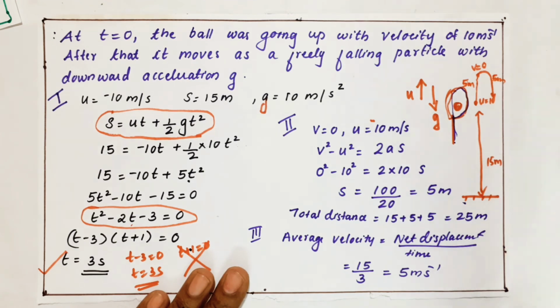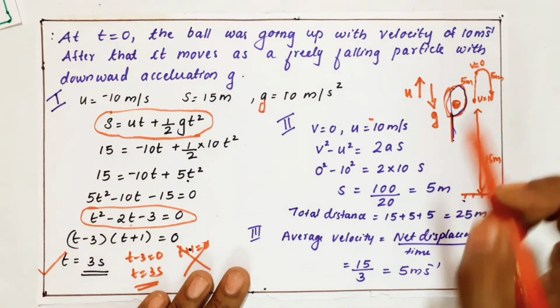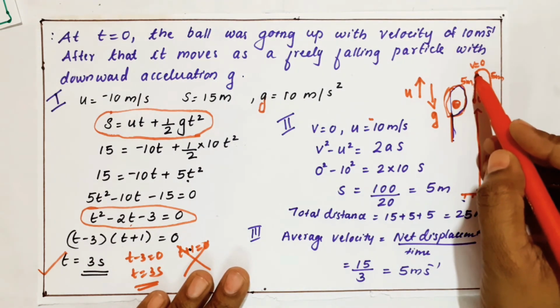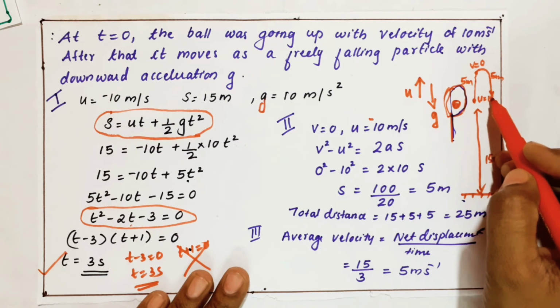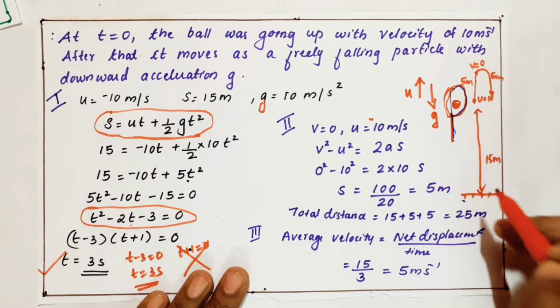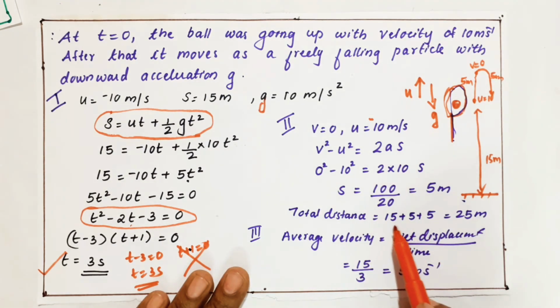So they are asking here for the ball, how much distance does the ball cover? The ball is traveling up 5 meter, again coming down 5 meter, and then this distance, what is this distance? 15 meter. So it's covering a distance of 15 plus 5 plus 5, that is 25 meter.